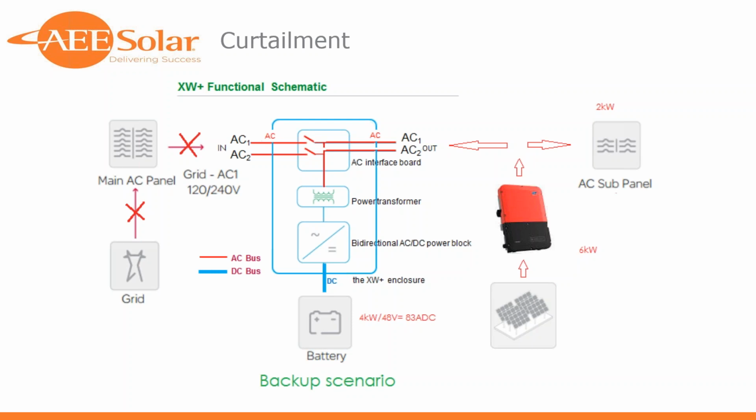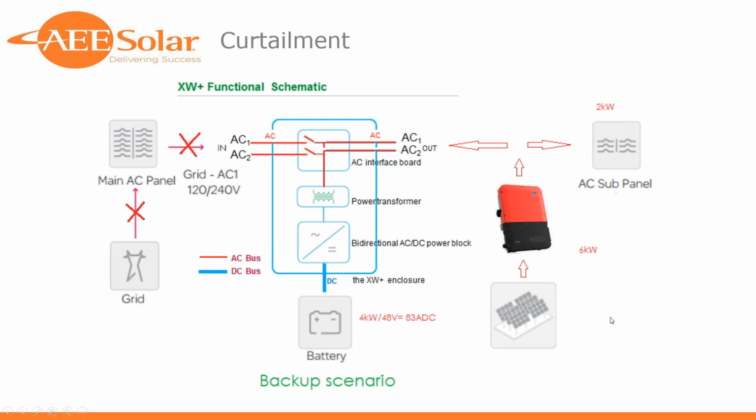There's a variety of ways to do it, but if you are locked in on an AC coupled system and you've got some of these unique circumstances where you can't add more battery, or you're going to be islanded a high percentage of the time, trying to find an AC coupled system that will curtail is probably a best practice for you.